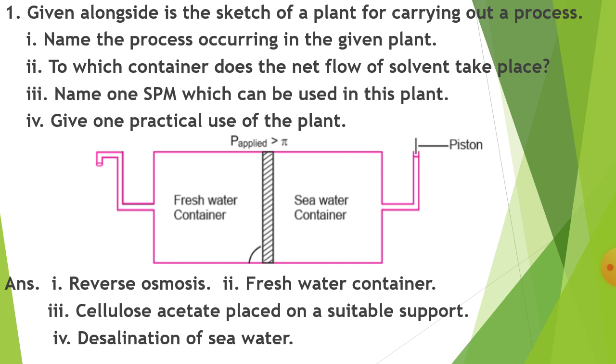Question number 3. Name one SPM, semi permeable membrane, which can be used in this plant. This you have to learn: the answer is cellulose acetate. This is a semi-synthetic polymer, in which cellulose comes from nature and we add acetate, so it is semi-synthetic, placed on a suitable support.